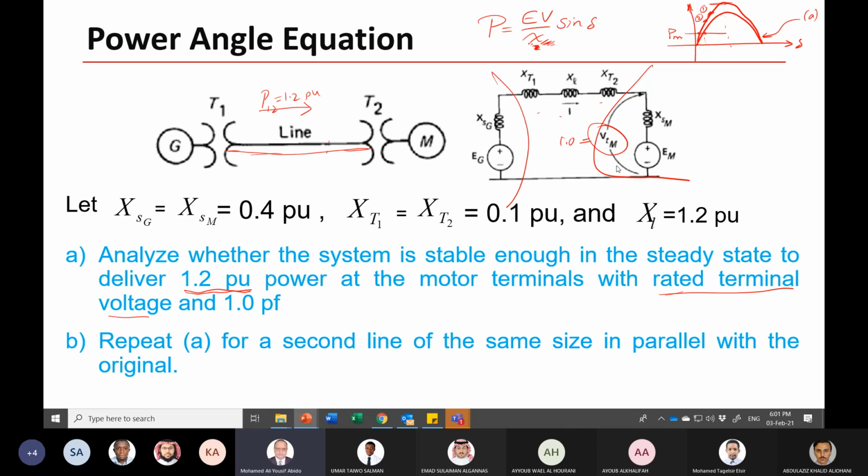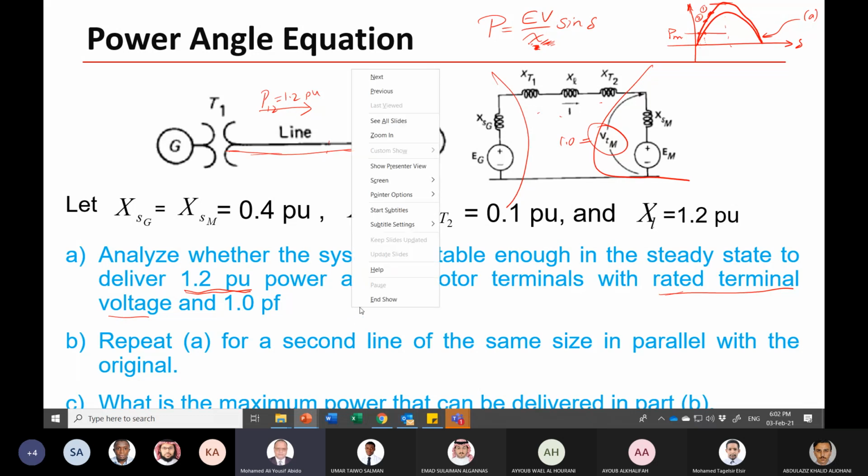We can take, for example, VTM as our reference with angle 0, so we can get all these currents, EG, EM, and so on. Can we do this? Sure.